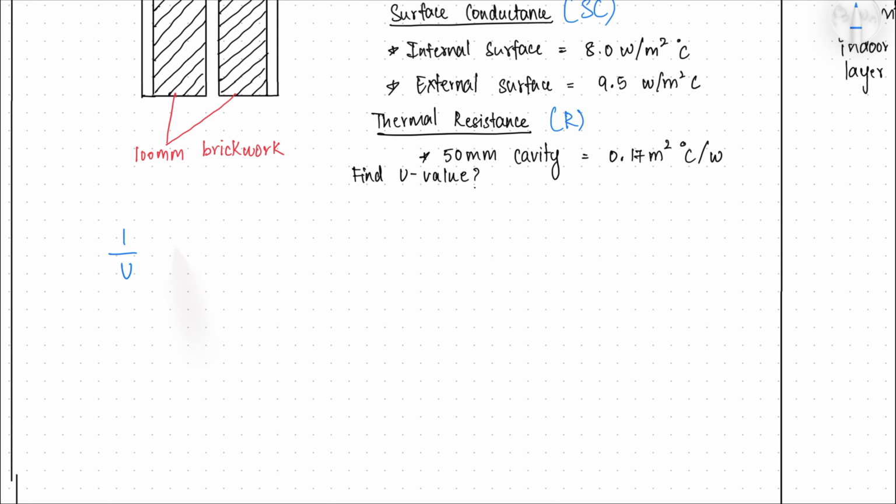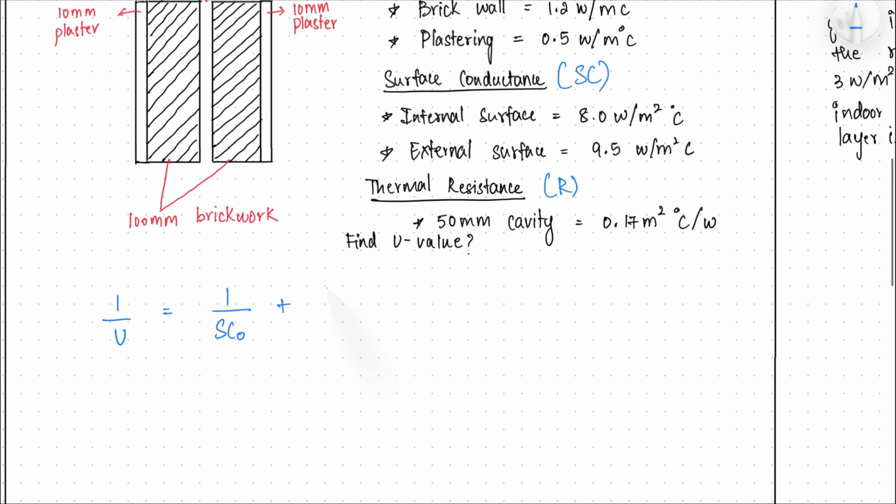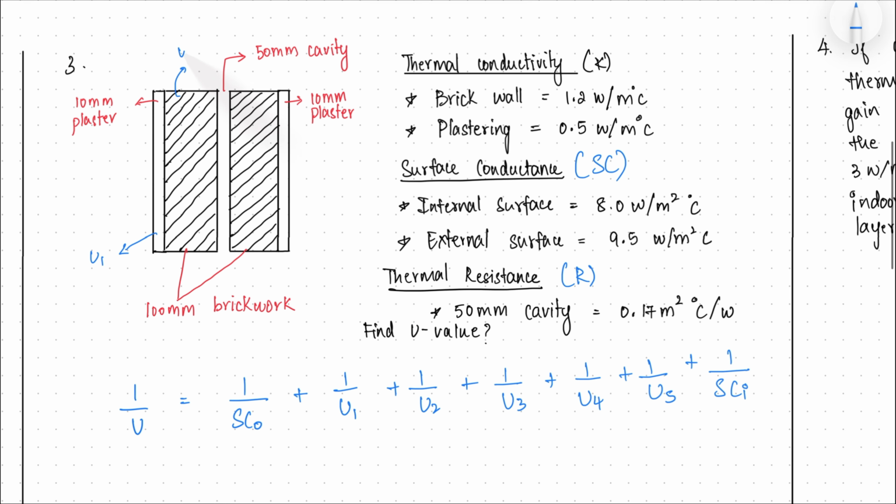We know that 1 by U is equal to 1 by SC naught plus 1 by U1 plus 1 by U2 plus 1 by U3 plus 1 by U4 plus 1 by U5 plus 1 by SCI. Here U1 is this layer, U2 is this, U3 is the cavity, and again U4, and finally U5.